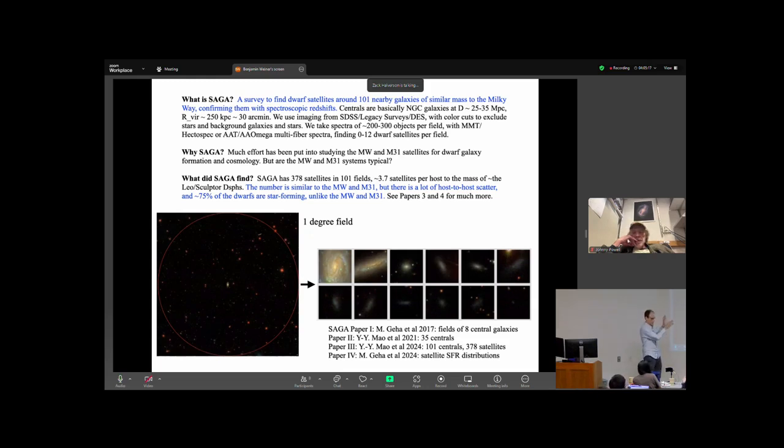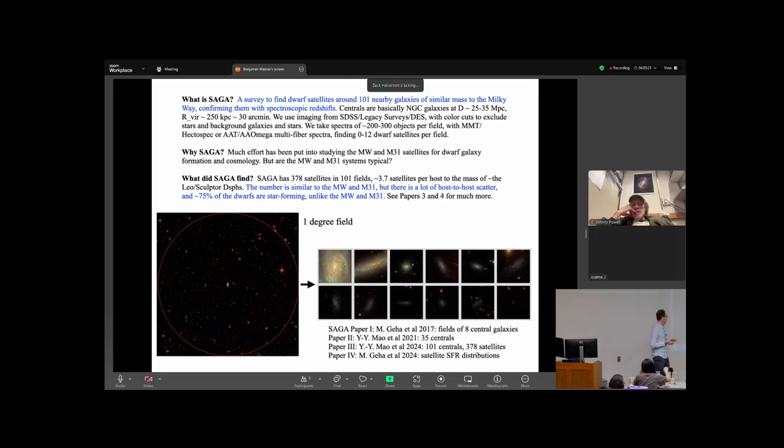We select candidates from wide field imaging data and then do wide field fiber spectroscopy. We take spectra of a few hundred objects and find on the order of 3 to 4 per host. There is a lot of scatter per host. I'll show that in a moment.